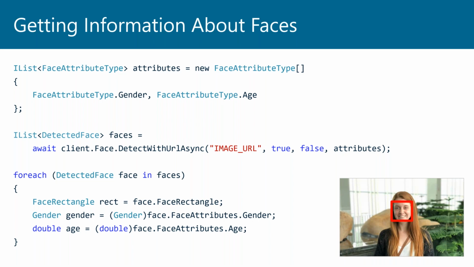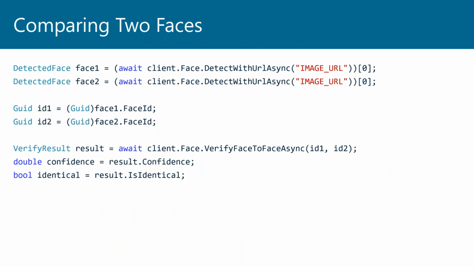There's more I can ask for as well, but these are the 2 that are probably used the most often. When the call comes back, in my for each loop, remember that this works with any number of faces, I can go through there, I can enumerate the faces that were detected in the photo and get the gender and the age of each face. And I'll show you an example in just a moment that does exactly that.